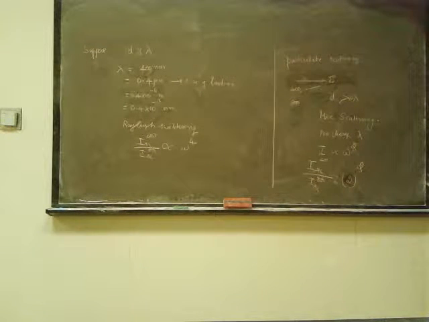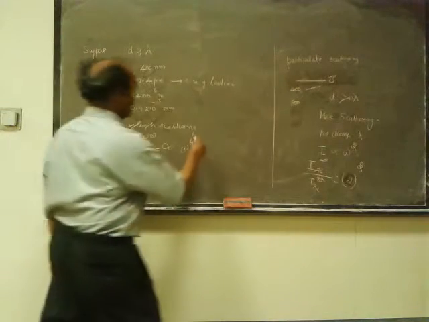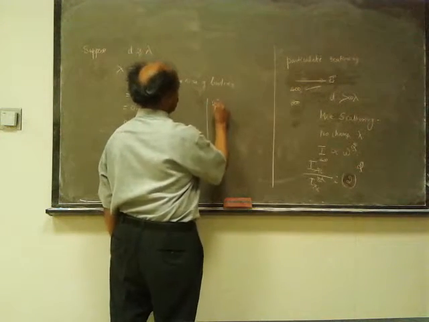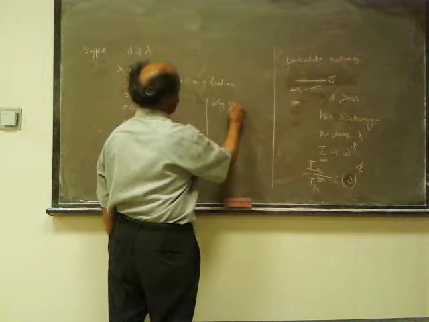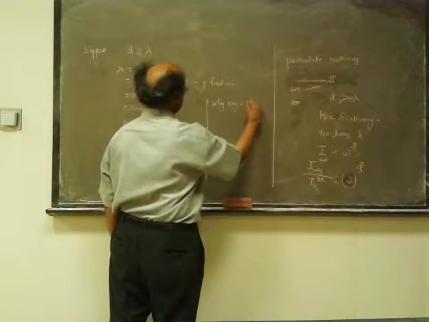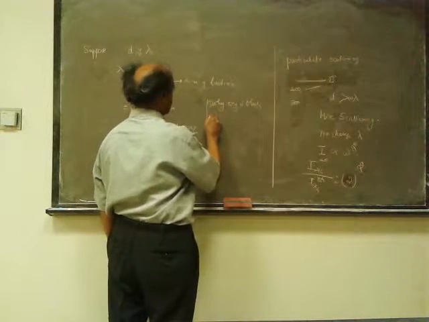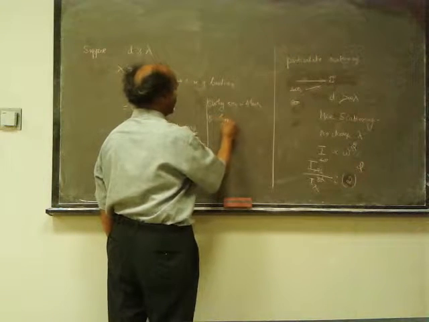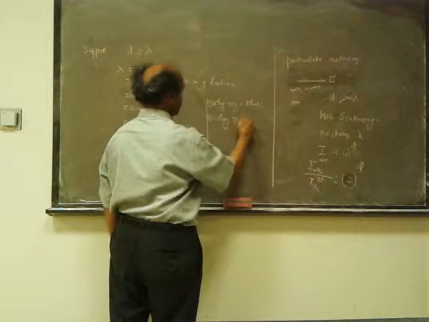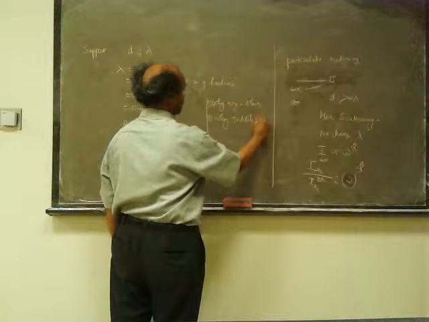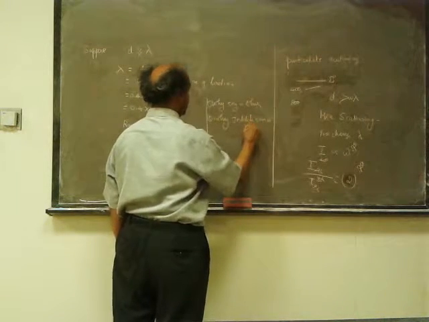This is the one which explains why the sky is blue. Two, why the Jeddah sun is red.